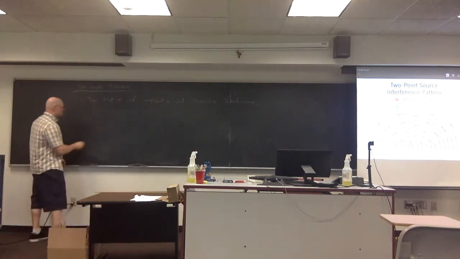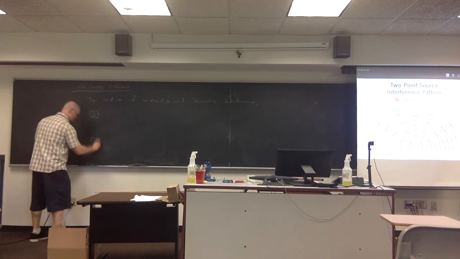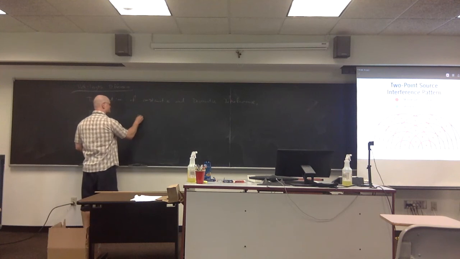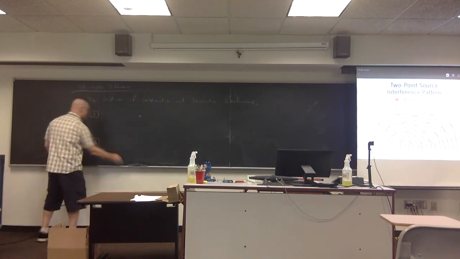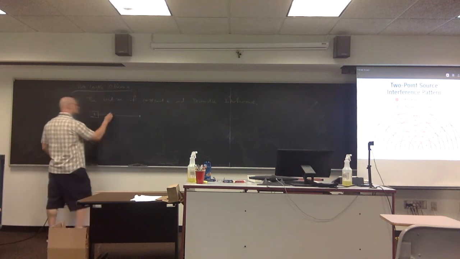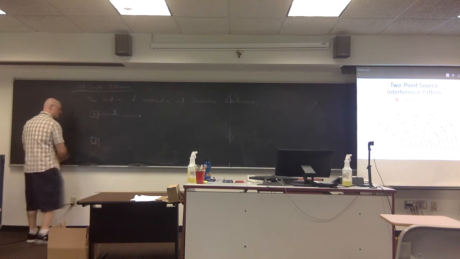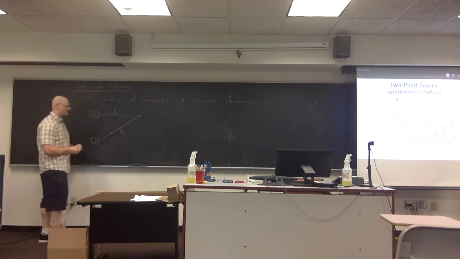So how does this work? Let's say I have 2 sources. Here's source number 1, and here's source number 2. And let's say I'm looking at this location here. The sound from this one has traveled this distance here, which I'm going to call D1. And this one has traveled this distance from here to here, which we'll call D2.